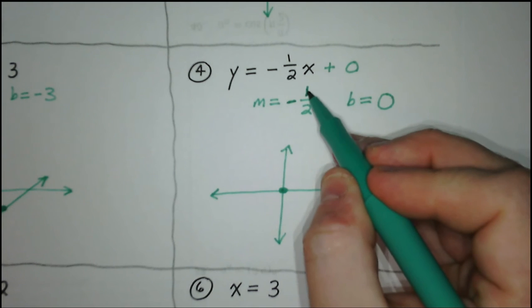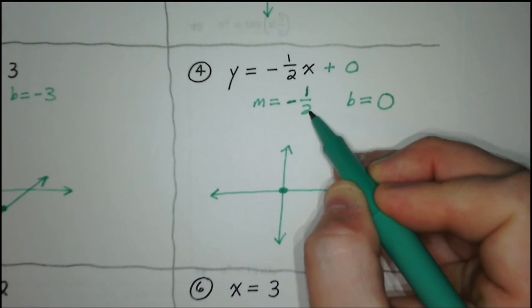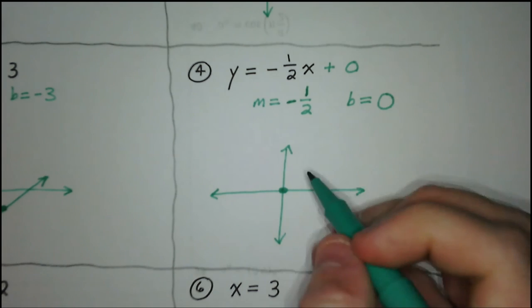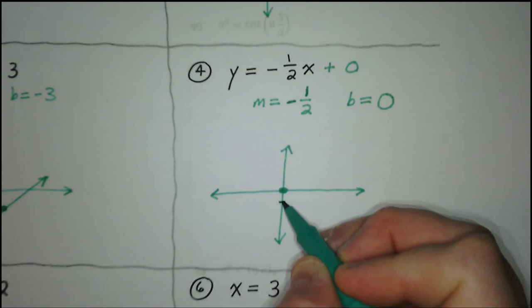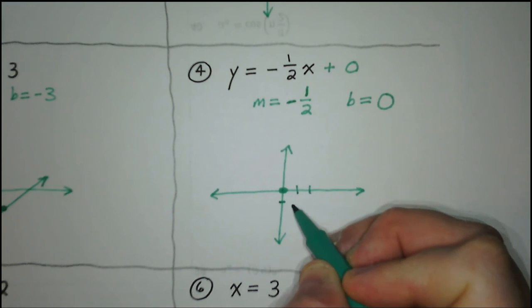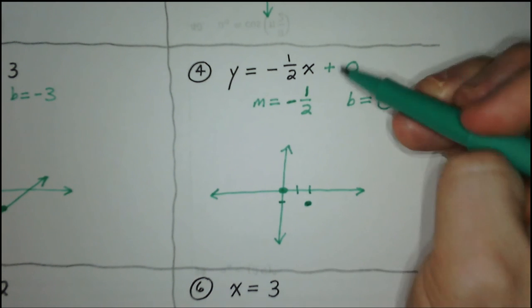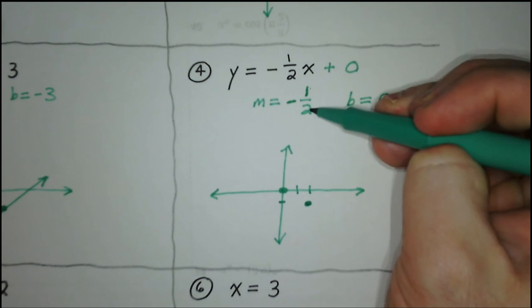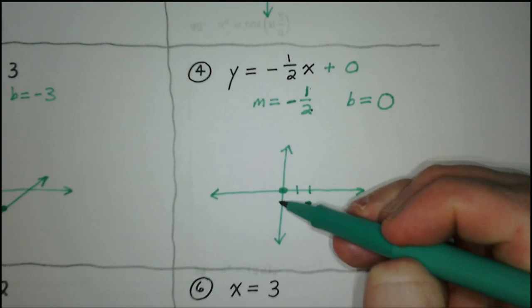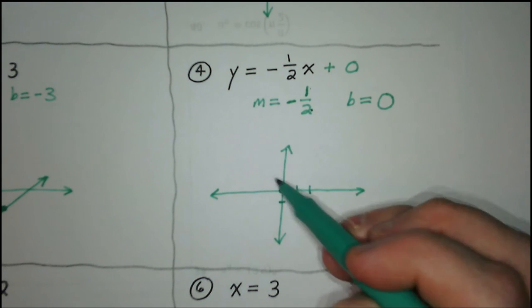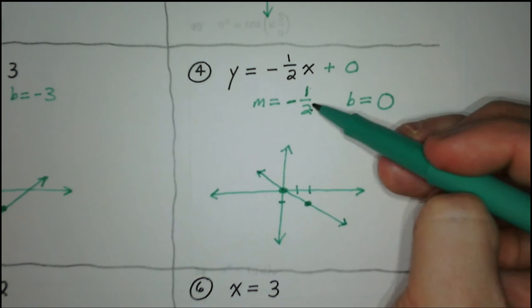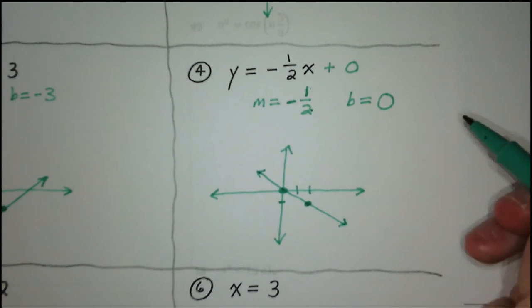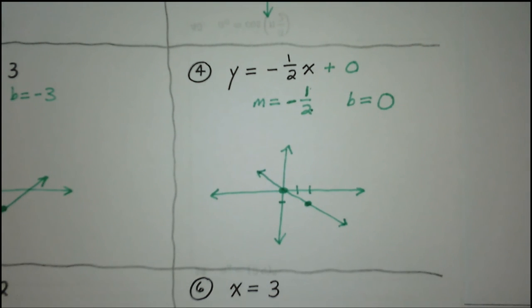So it's negative 1 rise over a positive 2, which means we're going down 1 and to the right 2. Negative 1 for our rise, positive 2 for our run, so down 1, right 2. And there's that line. Remember, a negative slope means the line should be downhill, and a positive slope means the line should be uphill.